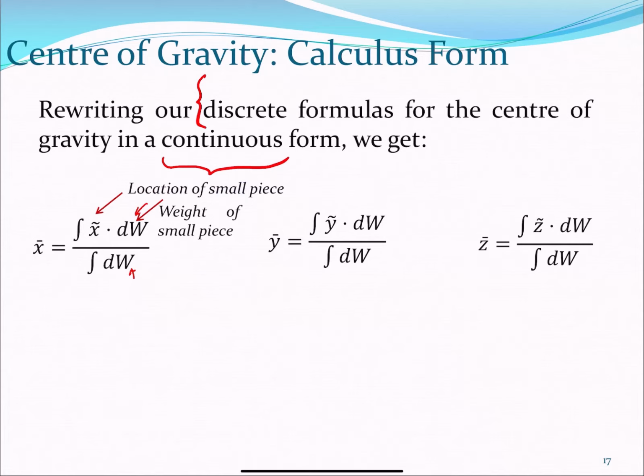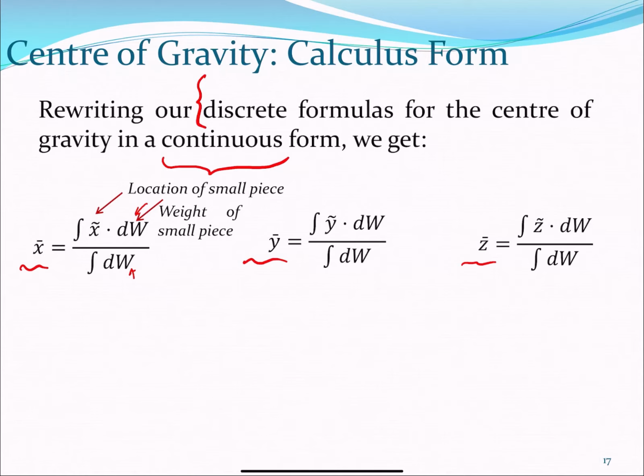That is why it's a differential of weight, dW. And we have that for x bar, y bar, and z bar. And we just have to integrate over the whole body.